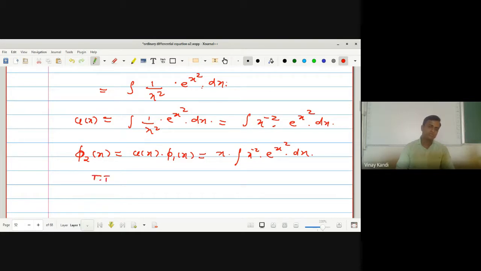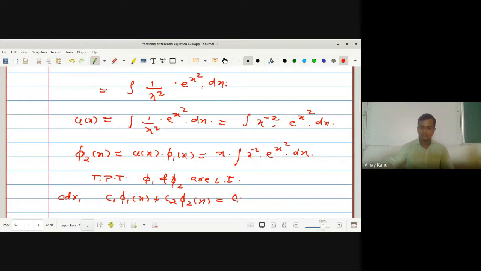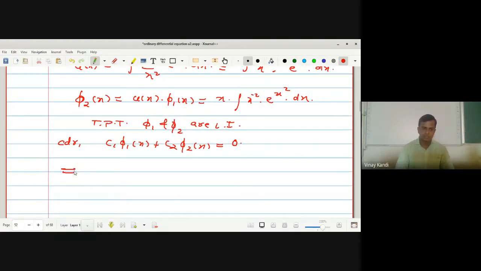Now to prove that phi 1 and phi 2 are linearly independent, consider C1 phi 1 of x plus C2 phi 2 of x, which is equal to 0. Which implies C1 of x plus C2 of x into integration e raised to x square into x raised to minus 2 dx is equal to 0.